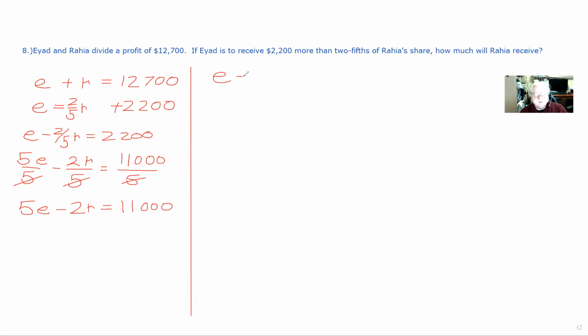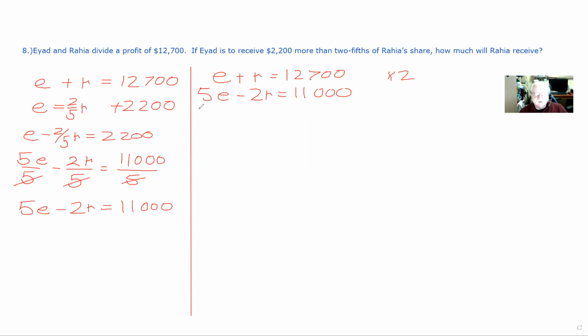So E plus R equals 12,700, and 5E take away 2R equals 11,000. So we can get rid of either the E or the R. Let's get rid of the R. We just have to multiply this by 2.